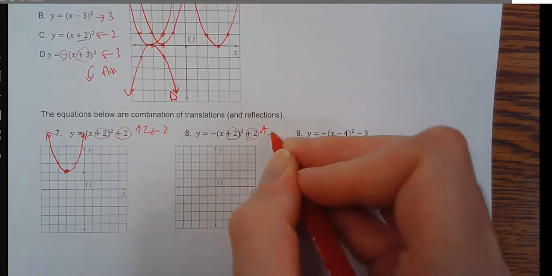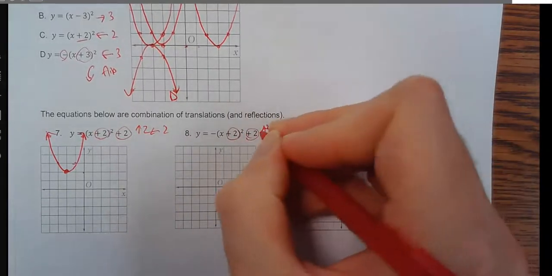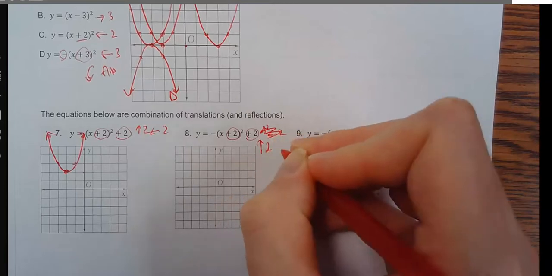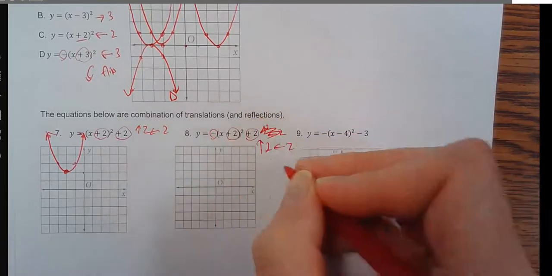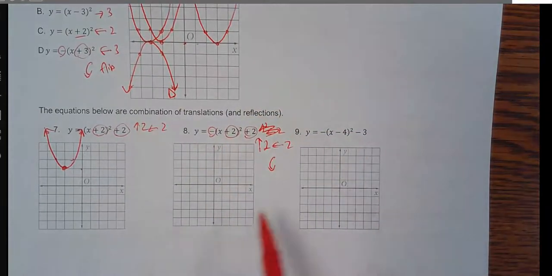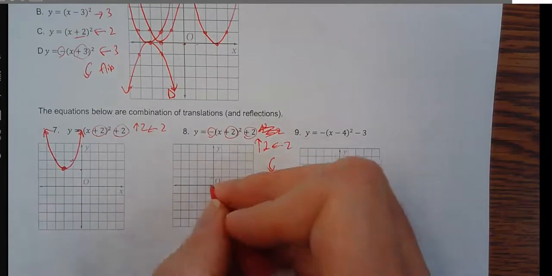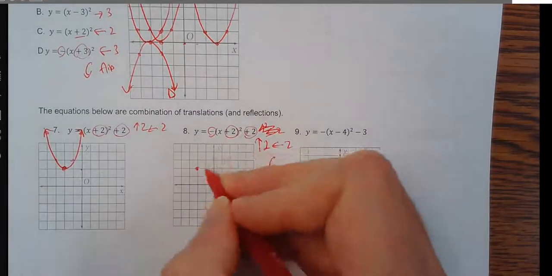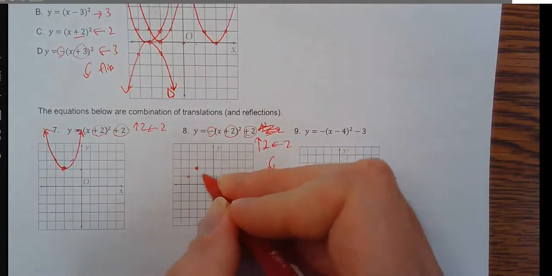I've got an up 2 and a left 2. Let me write that. So up 2, left 2, and then a reflection, so flip it over. It's going to be this same guy, up 2, left 2, but instead of opening up, it's going to open down.